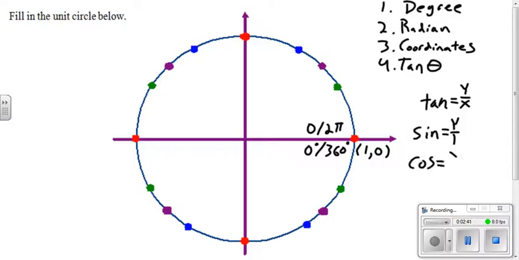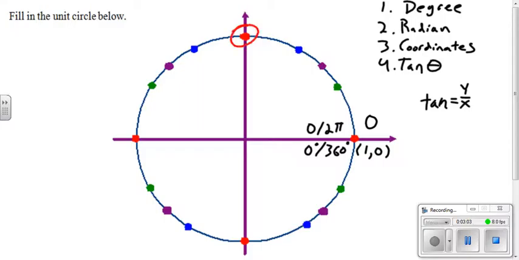Cosine would be x over 1. But we don't need to know those other ones, we just need to focus on tangent, which would be y over x. So in this case it would be 0 over 1, so we'd say our tangent is just 0. So that's how you would find that point. So again, you don't need to show any work, you just need to show these points here.